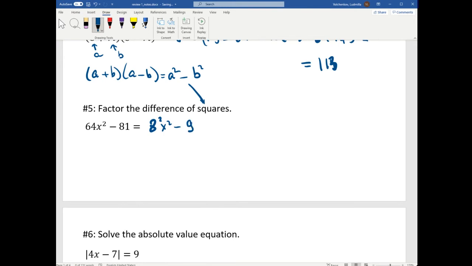The second is 9 squared. So then, if you compare with the formula above, then a is 8x and b is 9. So the difference is equal to 8x minus 9 times 8x plus 9.